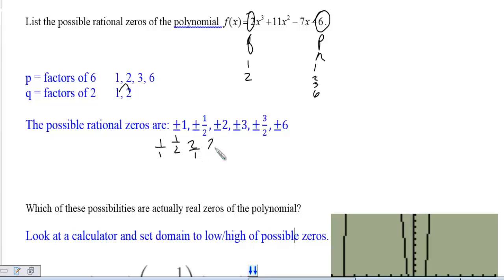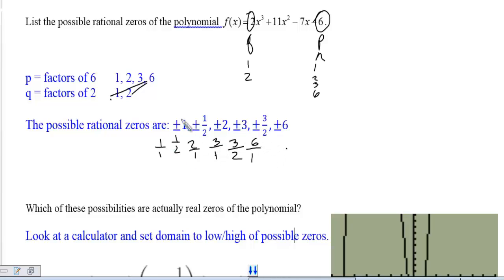This has been duplicated, that's the same as 1, which was right here. Then we'll go to the 3, 3 over 1, 3 over 2. And then the 6, 6 over 1, 6 over 2. Again, 6 over 2 is the same as 3 over 1, so this one's a duplicate.